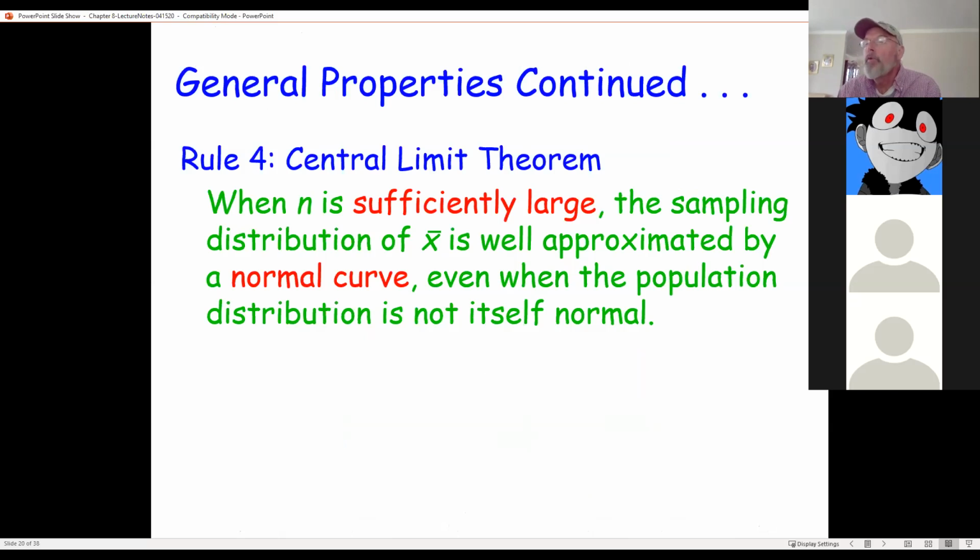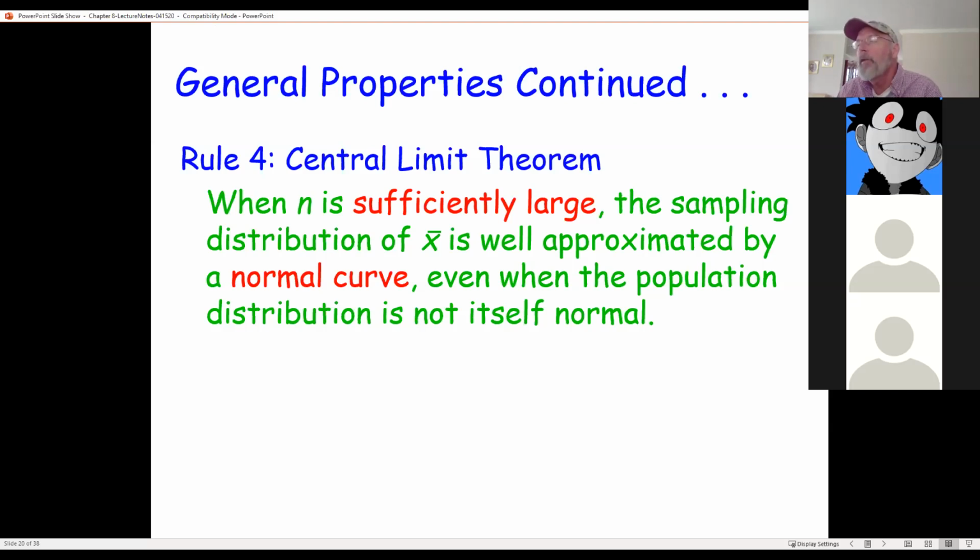Okay, so here's rule number 4, and this is the central limit theorem. The central limit theorem is a very, very core theorem that really got statistics off to its own discipline.